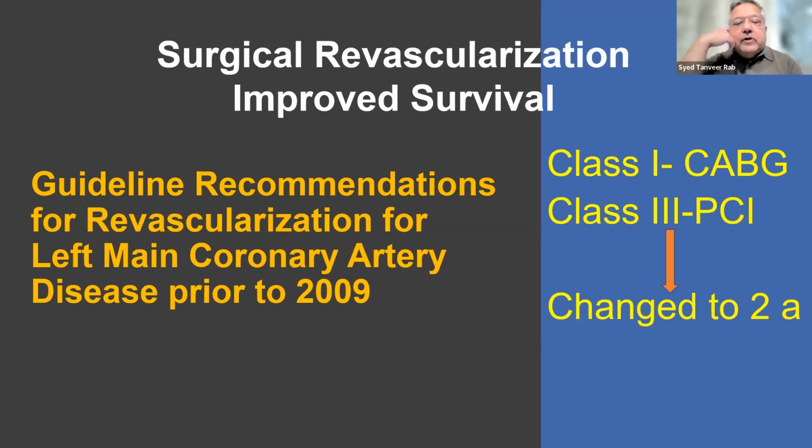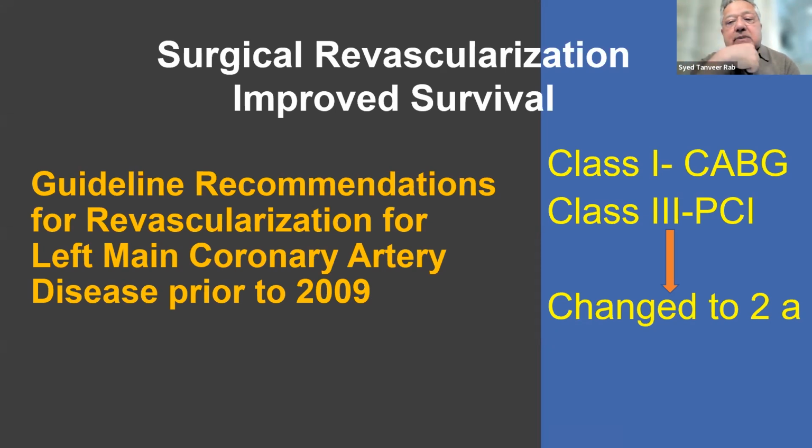So what then happened because of all these trials is that previously, in 2009, we gave PCI class 3, a no, for left main disease. Now we've been able to change it, with the current data, to 2A for PCI, and that's a big jump.